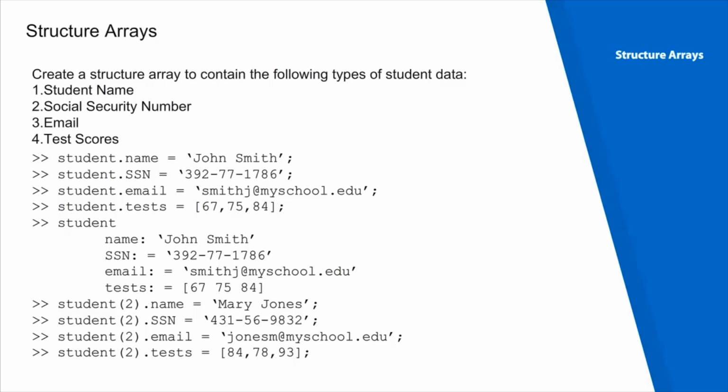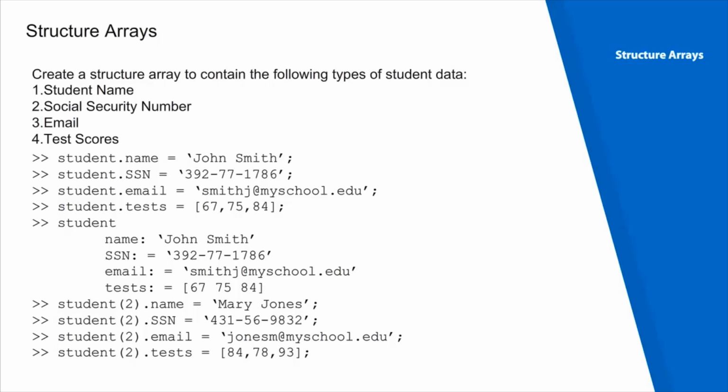So we have student.name equal to John Smith. So this name is stored in the field name of the structure student. Similarly, we create and populate other fields like SSN, email and test for social security number, email and test scores.